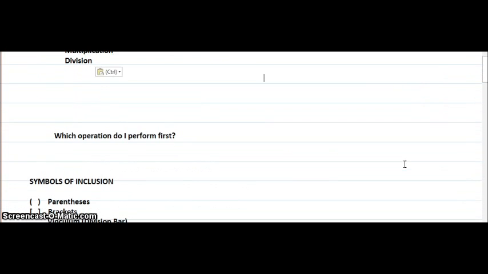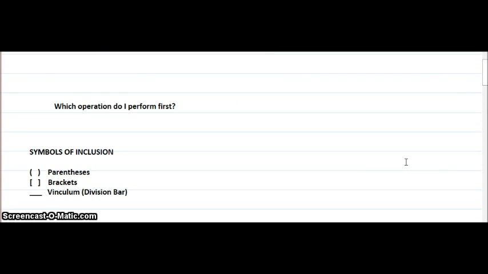Well, mathematicians have developed a system so that everybody understands what is to be done first, so there is consistency throughout. Okay? And mathematicians use what are called symbols of inclusion.